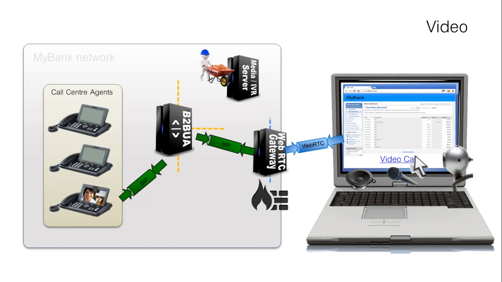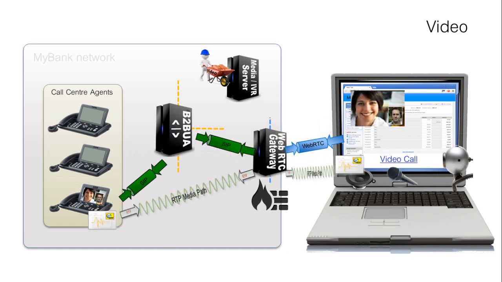WebRTC is designed for real-time video just as much as for audio, meaning that web applications could include click-to-video in its interface, enabling one-click live video chat. But, as is the case with audio, both clients, SIP and web, must have a common video codec.